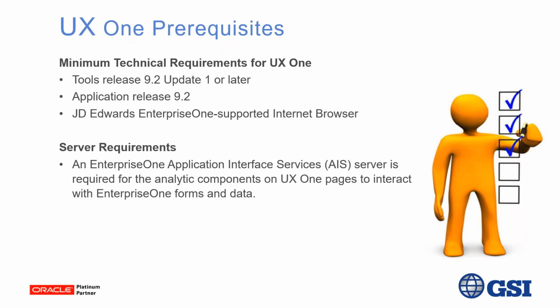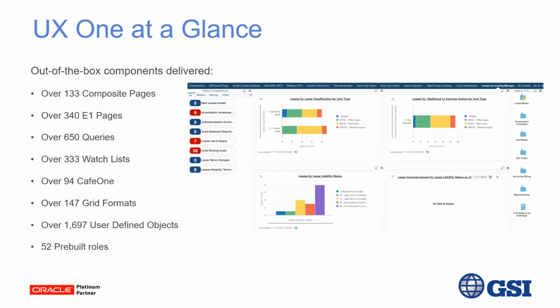Now they've packaged them all into, and I'm air quoting, UX1. Do you need server requirements? Not really. The only one you really need is if you are doing One View reporting and you've got that license, you probably need the AIS server. So what comes in UX1?